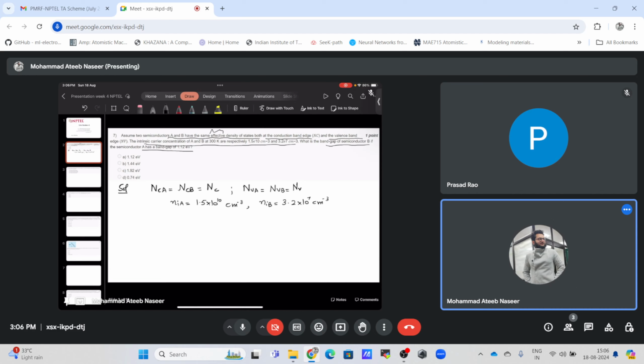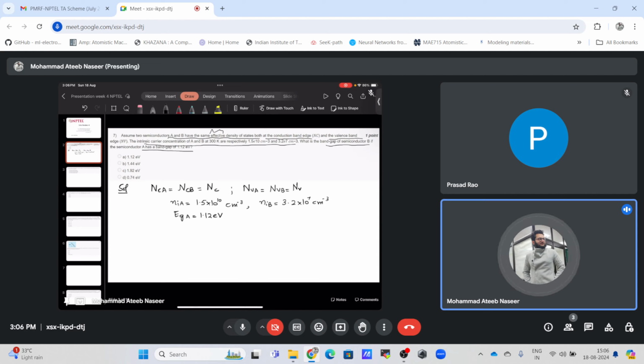And the band gap Eg of A is given to be equal to 1.12 electron volts. You must be aware that 1.12 is the band gap of silicon.